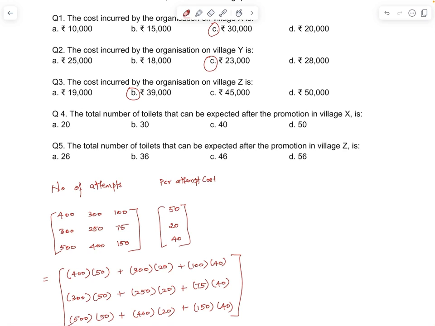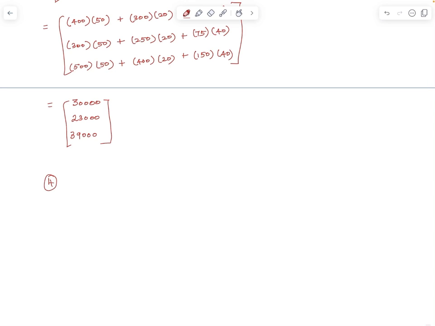Question number 4. The total number of toilets that can be expected after the promotion in village X. We have been given with the probability of success, that is 2% for house calls, 4% for emails, and 20% for announcements.